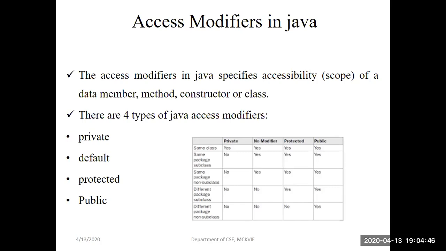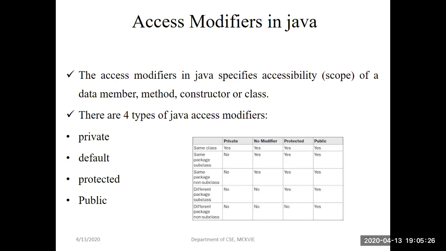So this is the difference. I already mentioned in the last class that this is the difference between the public access specifier and the default access specifier. Default means if I mention no access specifier for a data member or class or constructor, then I can consider that it is the default access specifier. In case of public, it is accessible from anywhere. In the other package, we have seen that other package subclass and other package non-subclass are yes.